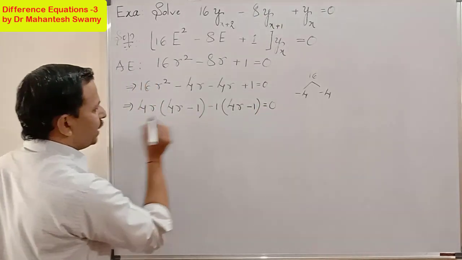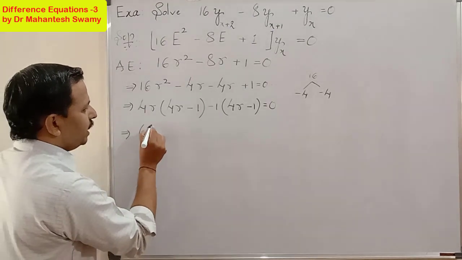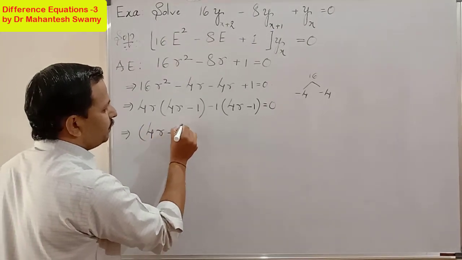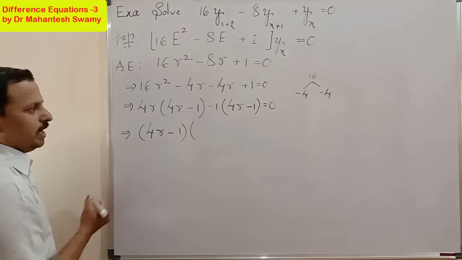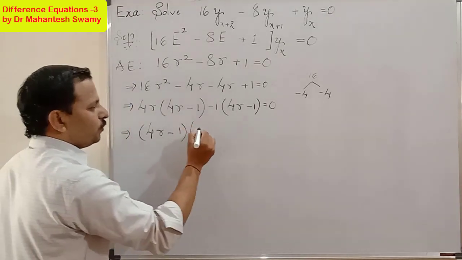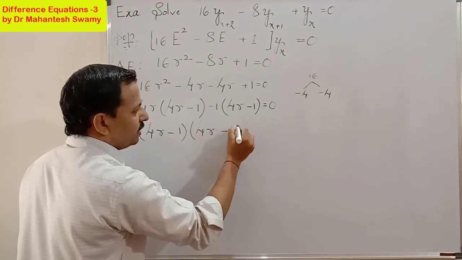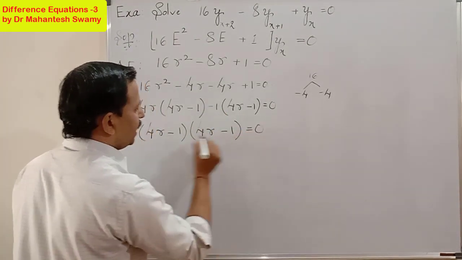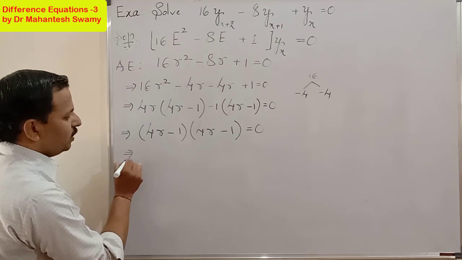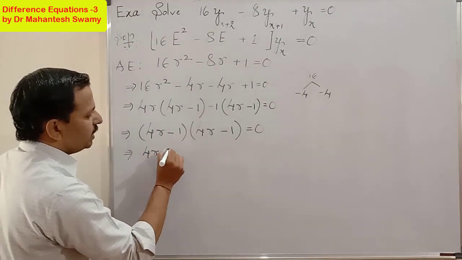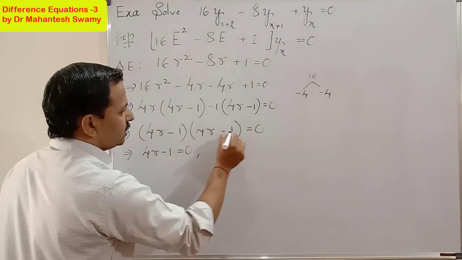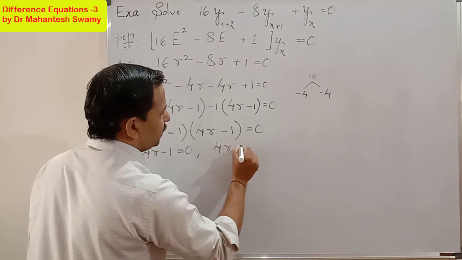Now here these two brackets are common, so let us take the bracket 4r minus 1 common outside, so as to have 4r minus 1 for the first and second terms. So we are having the first bracket 4r minus 1 equal to 0, the second bracket 4r minus 1 equal to 0.